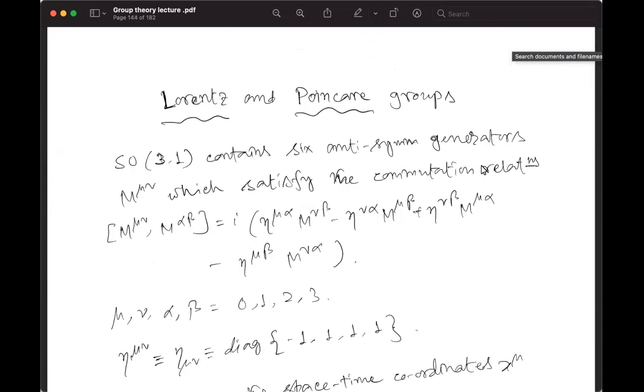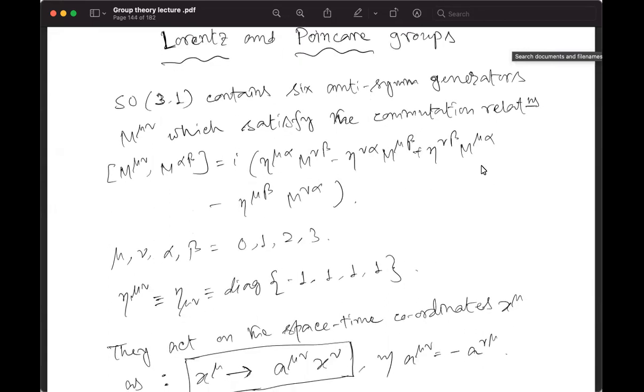So now, what are the Lorentz and Poincare groups? SO(3,1) contains 6 antisymmetric generators M_{\mu\nu}, which satisfy commutation relations like the commutator of M_{\mu\nu} and M_{\alpha\beta}. You can see there's a metric and then one of the generators. You can actually prove this if you know how to construct M_{\alpha\beta}.